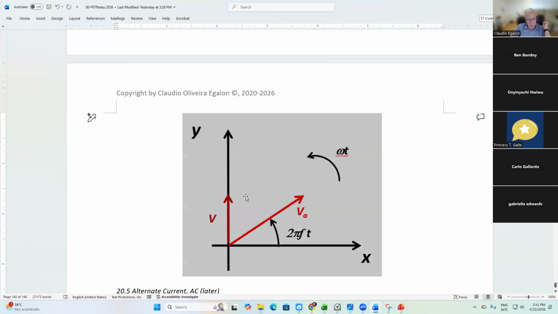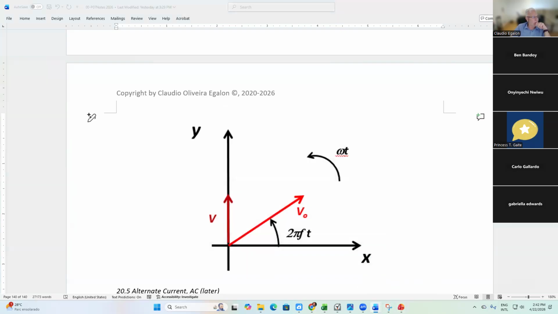And whatever is projected along the y-axis is the voltage as it changes with time. And this vector that you see right here rotates in this diagram, X and Y. As time goes by, this vector rotates and this projection either increases or decreases, right? See the vector rotate at omega t, right?